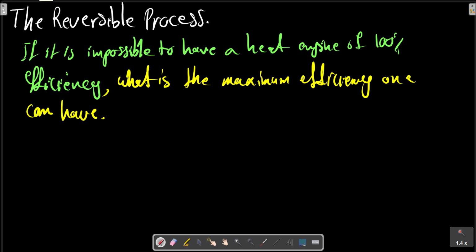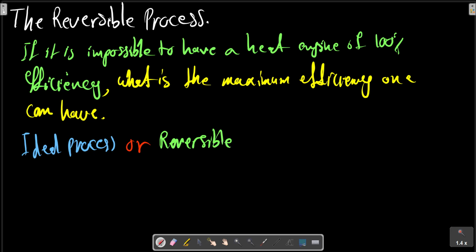The first step in the answer to this question is to define an ideal, or reversible, process.